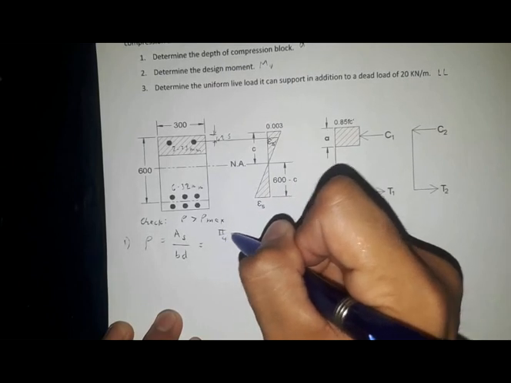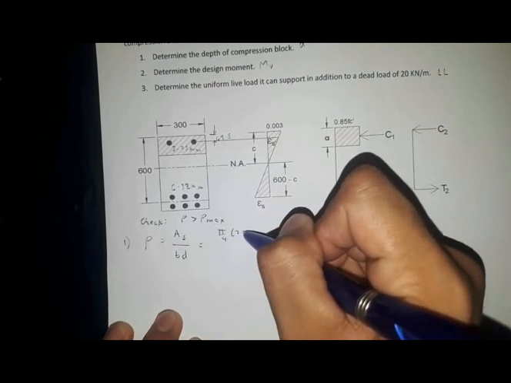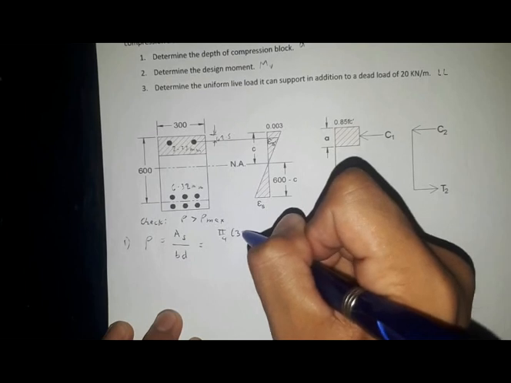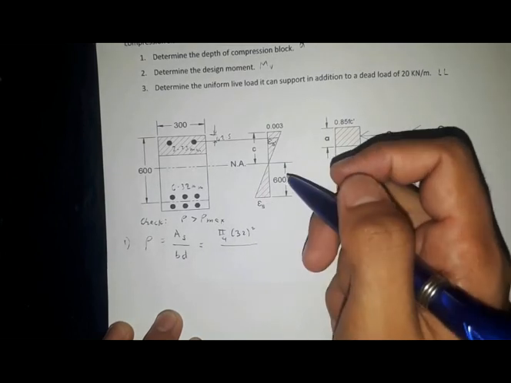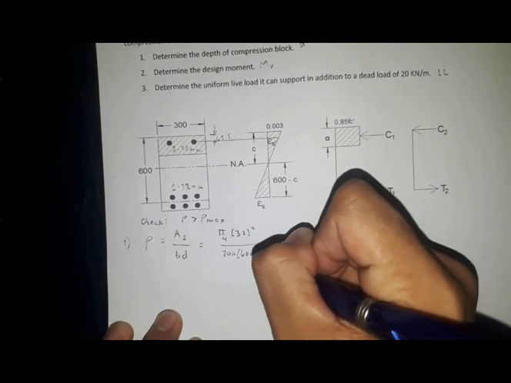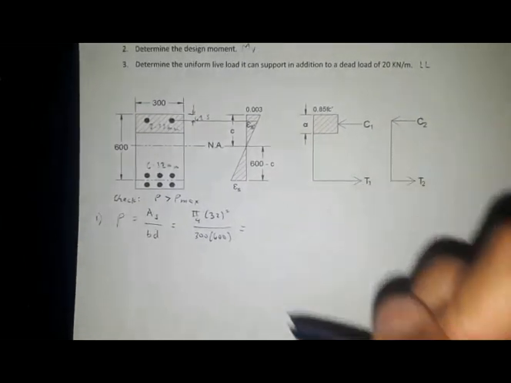So rho is pi over 4 times 32 squared over 300 times 600.